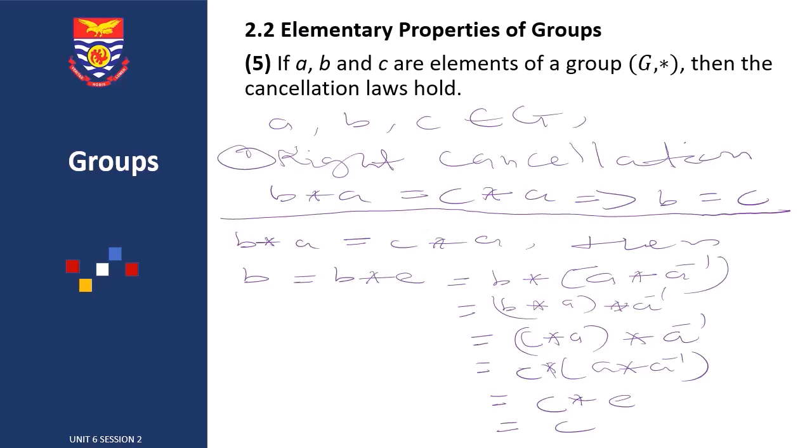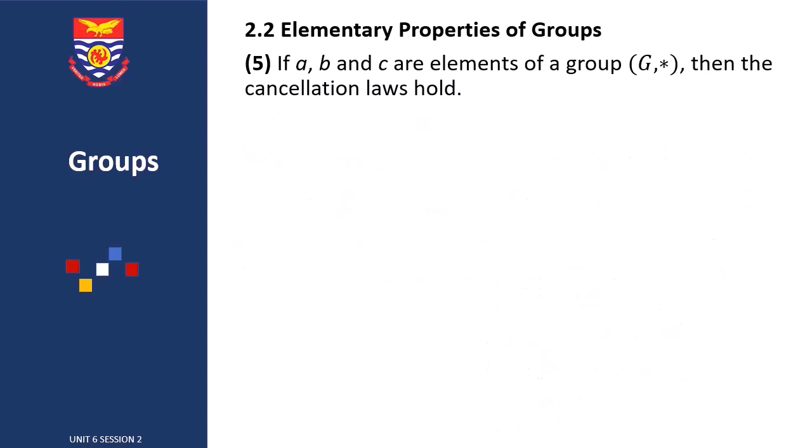Okay, so let's see the left cancellation law. The same definition applies when we have A, B, C, which are members of G, and we're saying that when you have A star B equals A star C, this implies that B equals C, and that is what you call left cancellation.